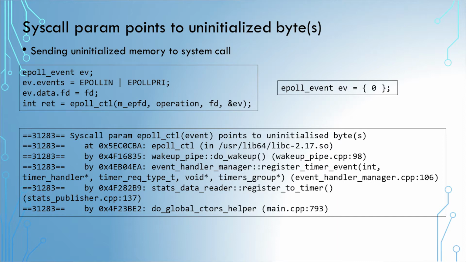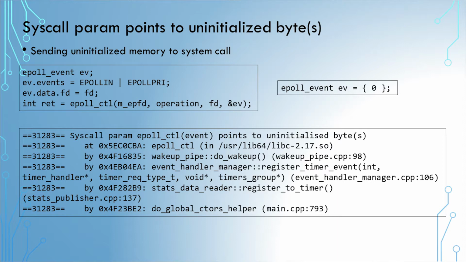Here, this is actually an example from libVMA. I'm not going to go into very big details. It uses epoll, and in order to do epoll, you need to pass a struct called the epoll event. An epoll event has unions and all sorts of data, and you pass it to a system call, epoll control.